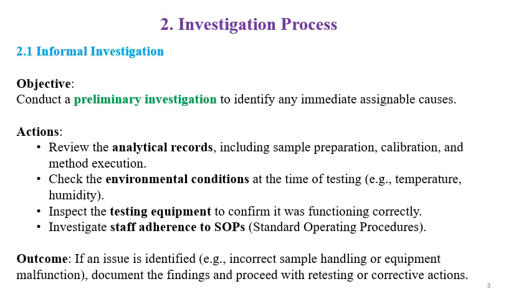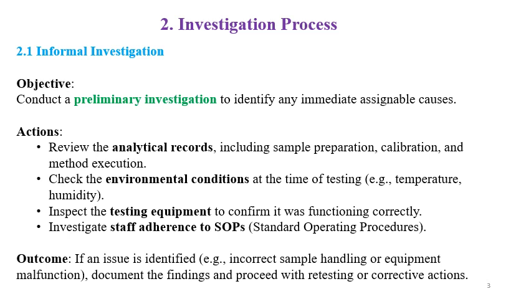The outcome will depend on the investigation. If an issue is identified, for example incorrect sample handling or equipment malfunction, document the finding and proceed with retesting or corrective actions.